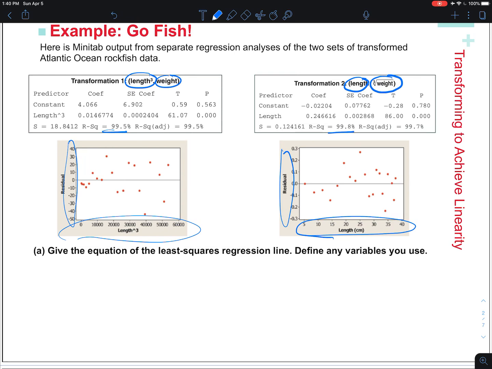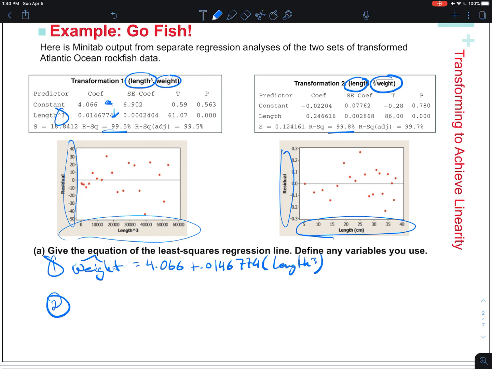If you were to take this first one, this would be predicted weight, and then we're looking at this guy here, that's A and B. So predicted weight equals 4.066 plus 0.01467774, and this is length cubed. So it's important that you call it length cubed, because that has an entirely different meaning when we make the prediction.